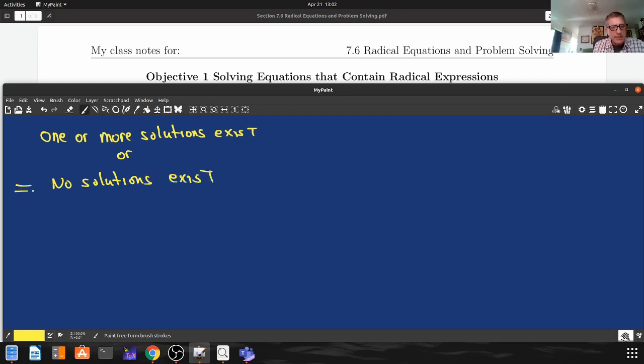And this second possibility we often forget about. And depending on the type of equation it is, we expect more than one, but sometimes we only get one.